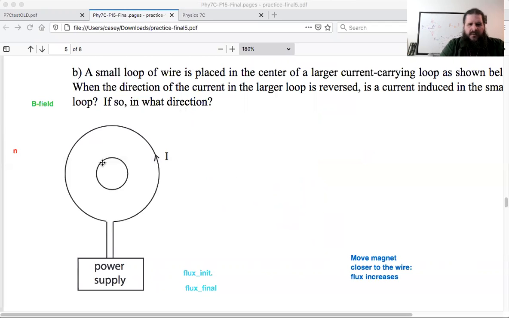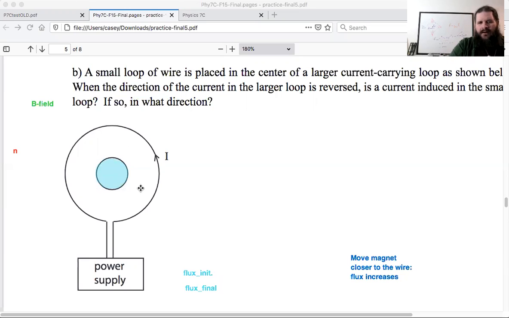So we've got our loop of wire. The small loop of wire is what we care about. If you think of the small loop of wire as the test object, and then we've got this larger loop of wire that's being powered, you can treat that as like the source current. So our surface that we're talking about is just the surface enclosed inside this smaller loop of wire. That's the area in the area times magnetic field times cosine theta formula.